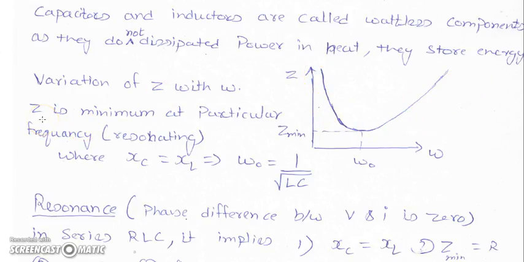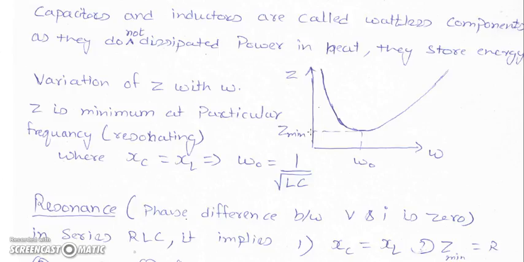So Z is minimum at a particular value. For that particular value, current will be maximum because Z is minimum. So for that, XL minus XC should be 0, as you cannot change R by changing omega.